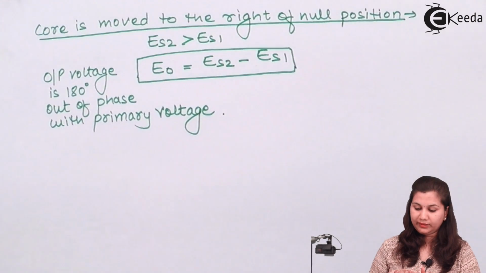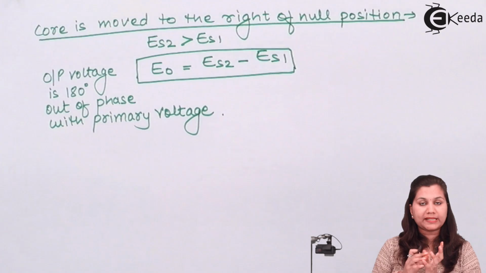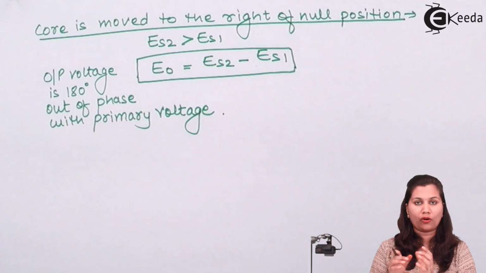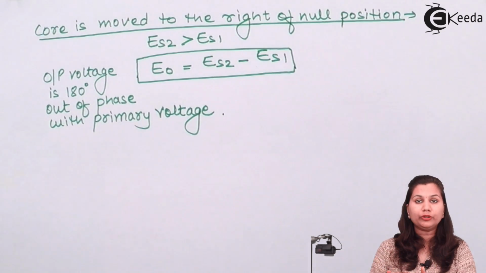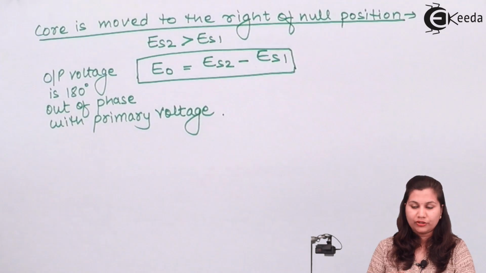So here you have seen that according to the displacement given to the soft iron core, the magnitude of the output voltage is changing.